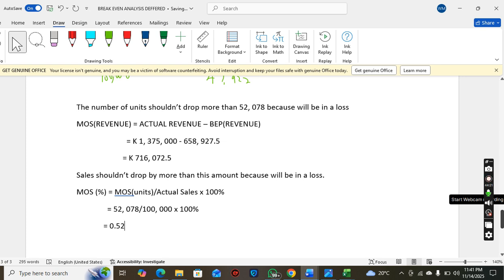So basically your number of units should not drop by 52%.